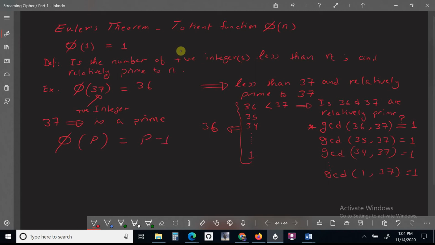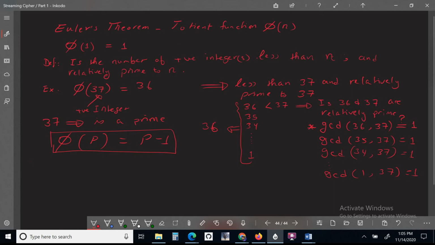Like in our example, 37 minus 1 is 36. This is a very important, powerful formula. Remember that when you perform the GCD of a prime with all the numbers less than it, obviously they are going to be relatively prime. So this is the indirect proof.